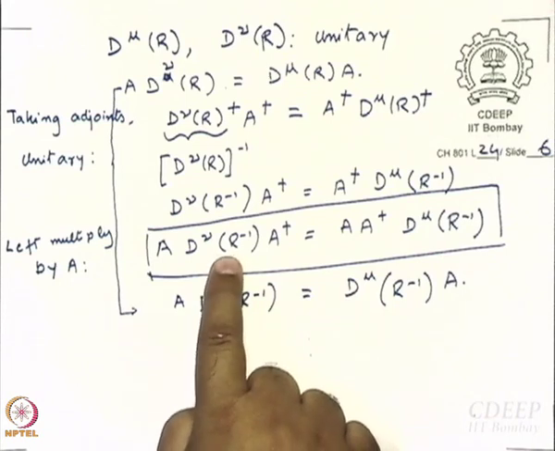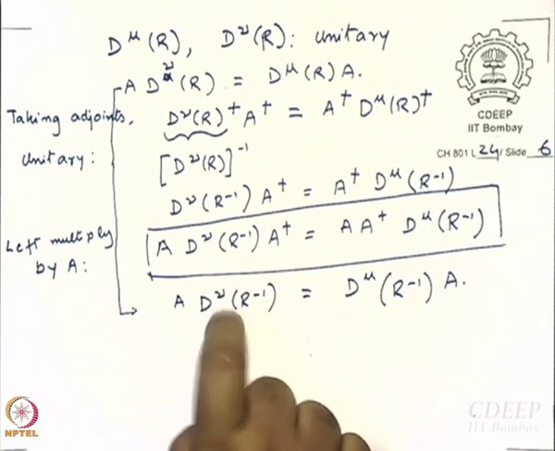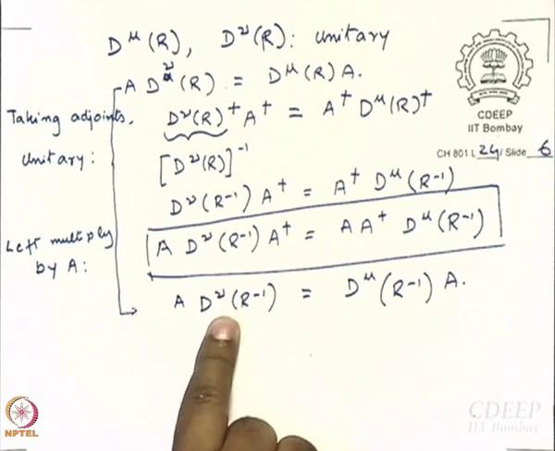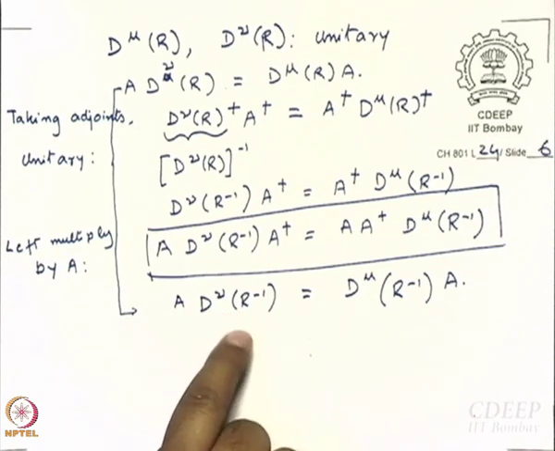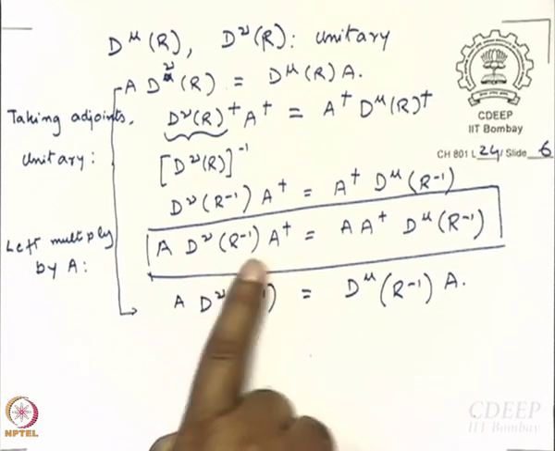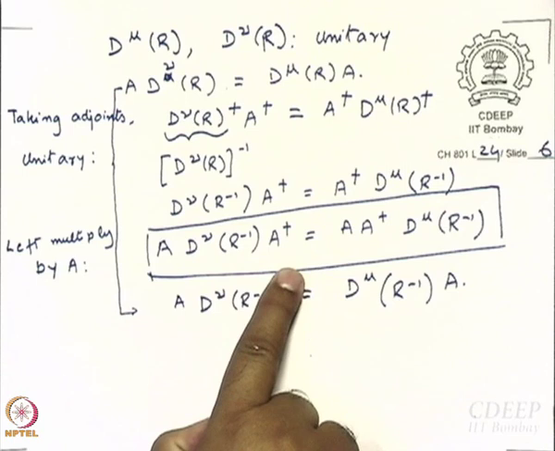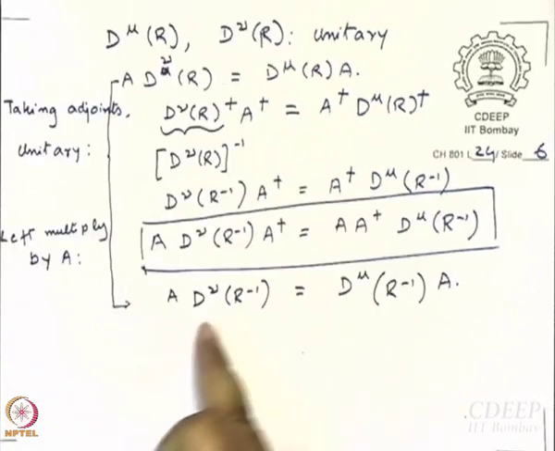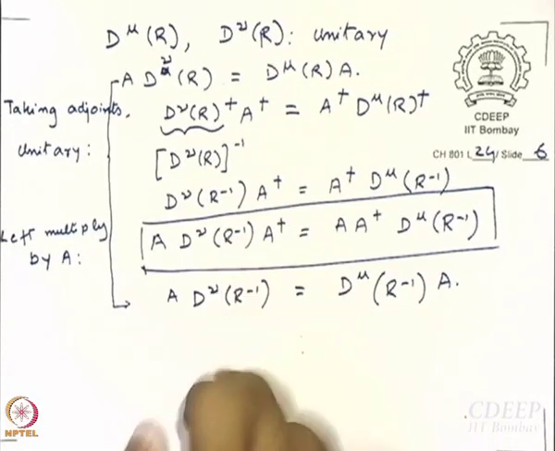If I want to eliminate this, I want the same term in the second equation also. What do I have to do? See, A d nu R inverse is already there and this is just A d nu R inverse right multiplied by A dagger. So, if I right multiply this entire expression by A dagger, then the two LHSs become the same, right.